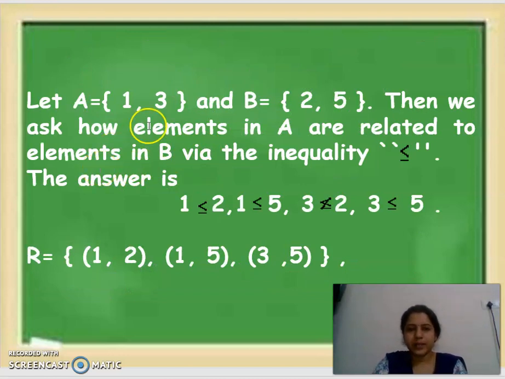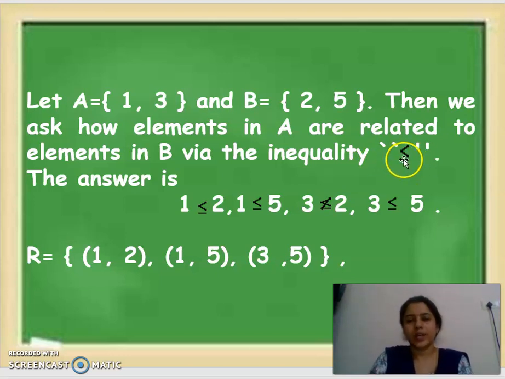And one more example: here capital A contains 1, 3 and capital B set contains 2, 5. Then we ask which elements in A are related to elements in B via the relation less than or equal to. So we have to find the relation from capital A to capital B by the relation less than or equal to.